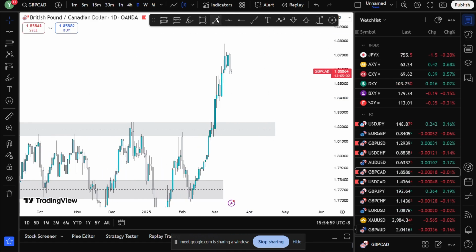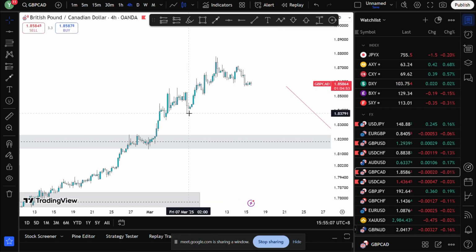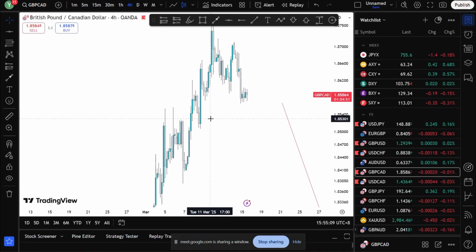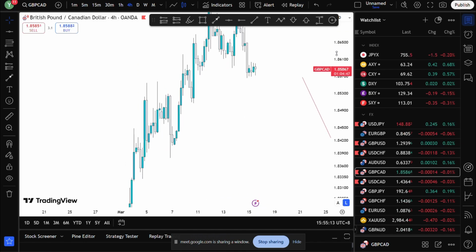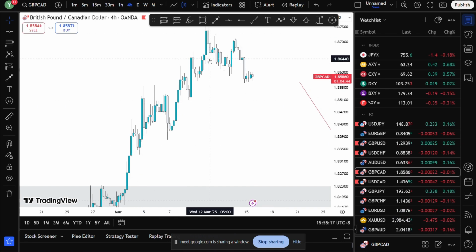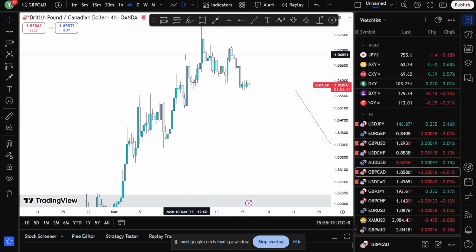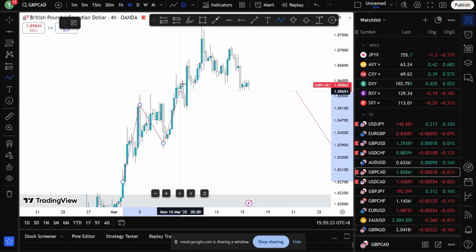For now I'm still looking for bullish opportunities here, but I will wait for the price to be tested at this zone first. Let me see in the 4 hour time frame over here. Yeah, in the 4 hour time frame it's still a very strong bullish trend. The price is forming higher high, higher low, and then higher high.